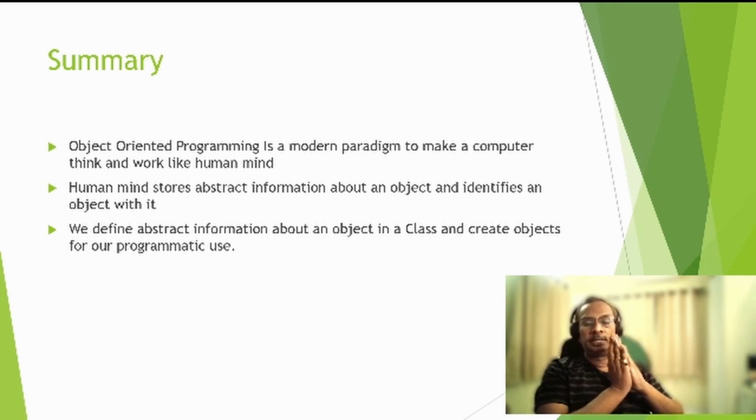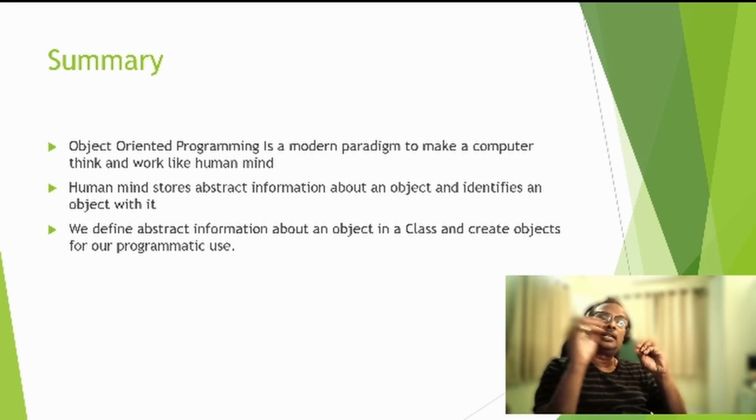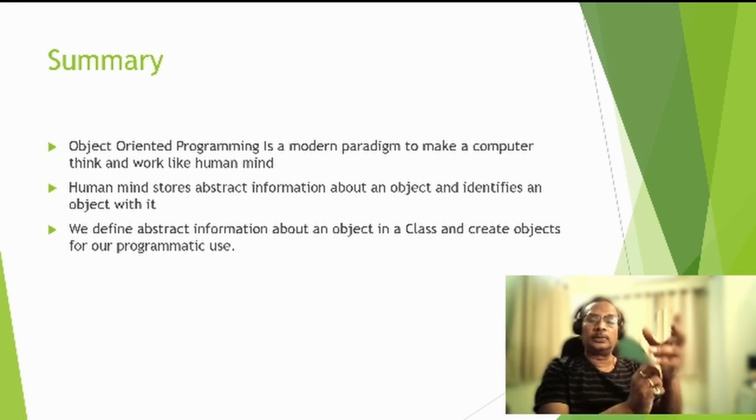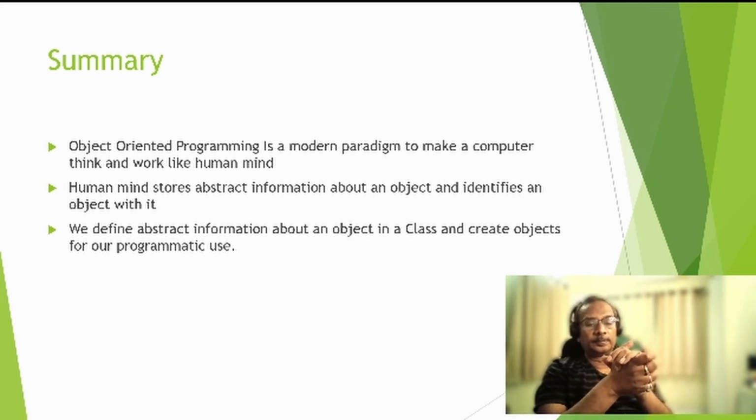Now we use the class in another program called StudentUtil, and we created objects using the new keyword, new Student, and then a parenthesis to create an object. Now we created two objects, S1 and S2. We independently stored values in S1 and S2 and then printed them out.